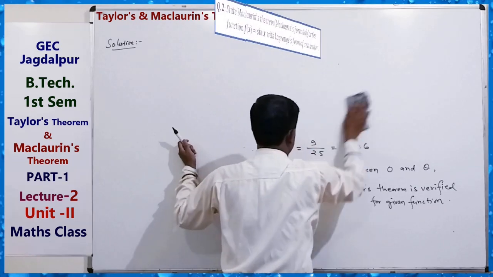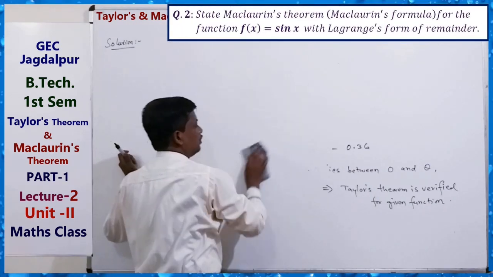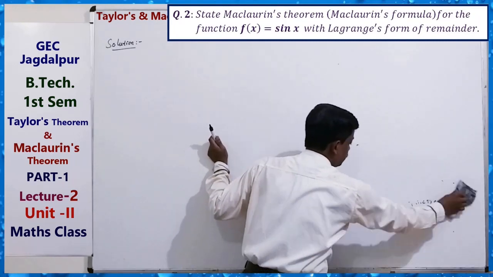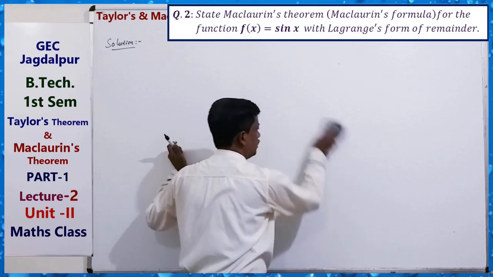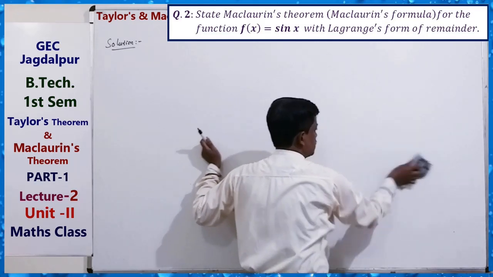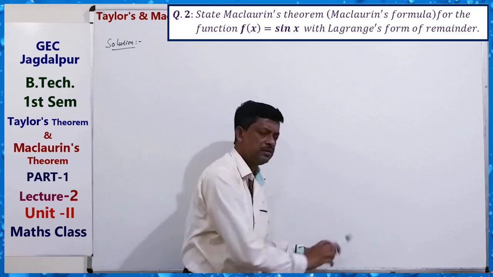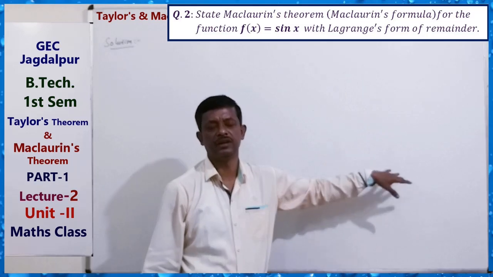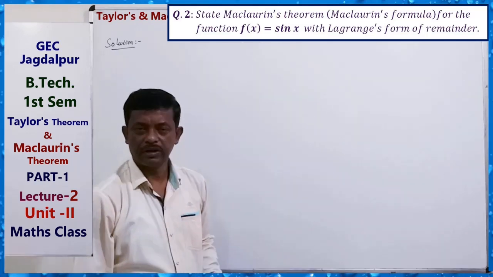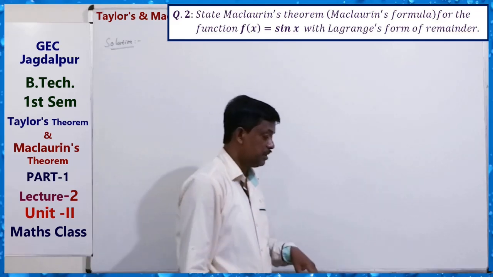Just like this question, you can also verify Maclaurin's theorem up to the required number of terms, with remainder R2, R3, R4 and so on. Clear? Maclaurin's theorem can also be verified by finding the value of theta between 0 and 1.